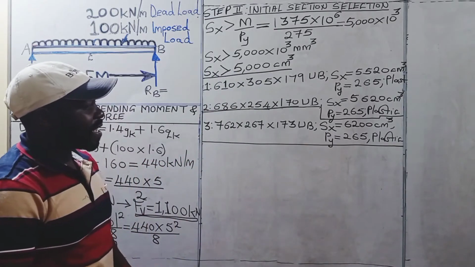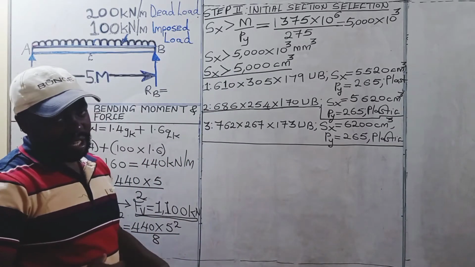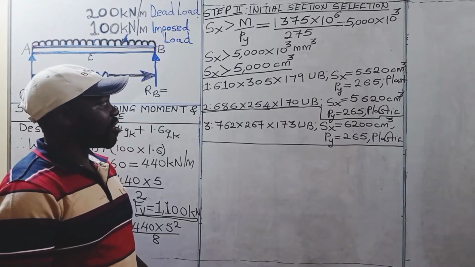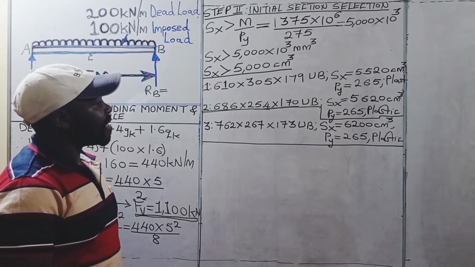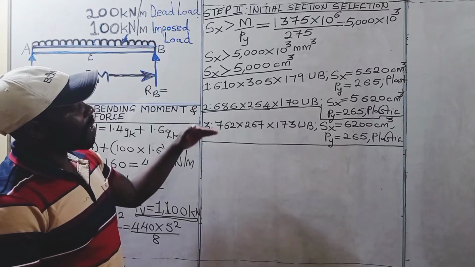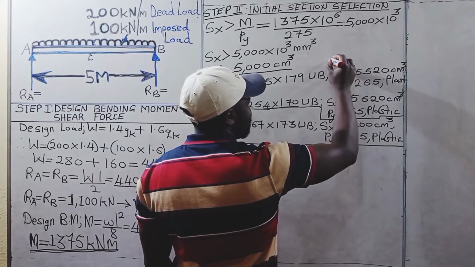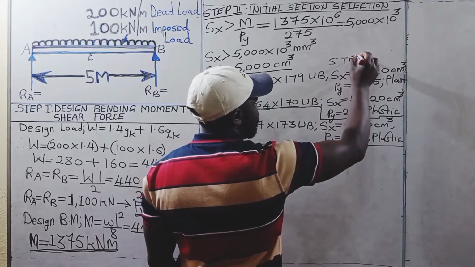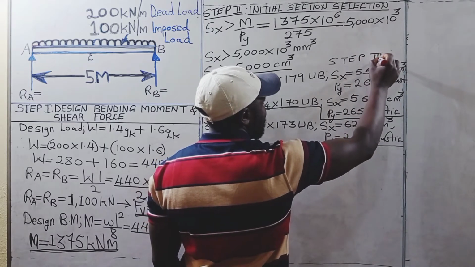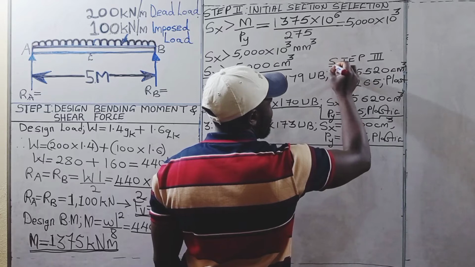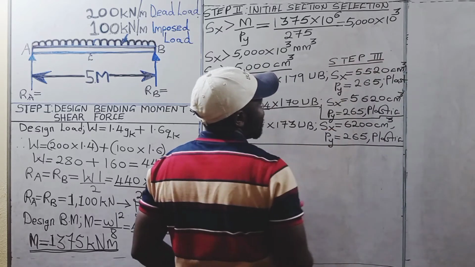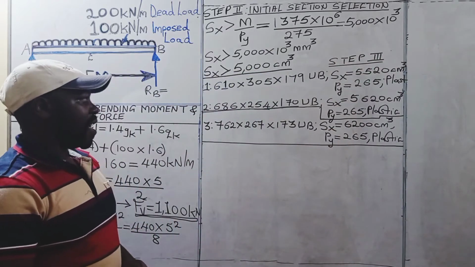Then, after selecting a suitable section and classifying the section, step number 4, since step number 3 is classifying the section, therefore we can say that we are also done with step number 3, which happens to be classifying the selected sections.